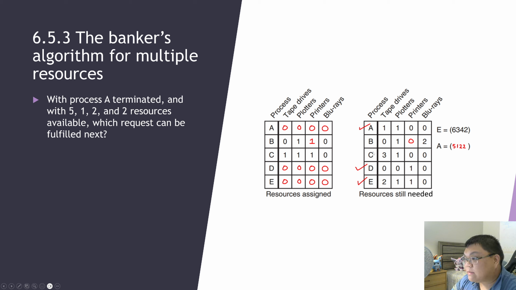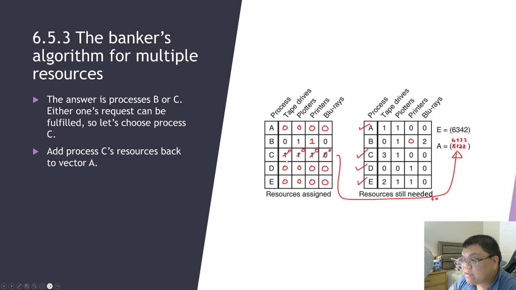So now we have processes B and C left. Is there a process whose request can be fulfilled? Turns out both of them can be fulfilled, but we can only fulfill 1 at a time. Let's pick process C. So process C, we can mark that as completed, and we can add its resources back to vector A.